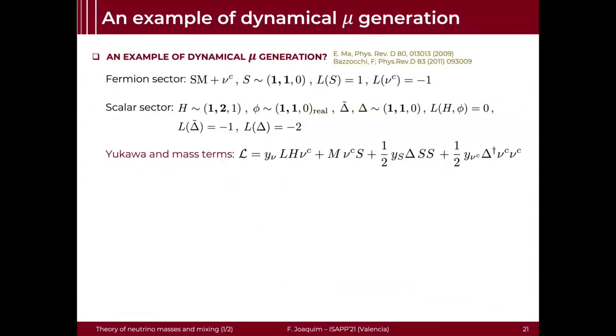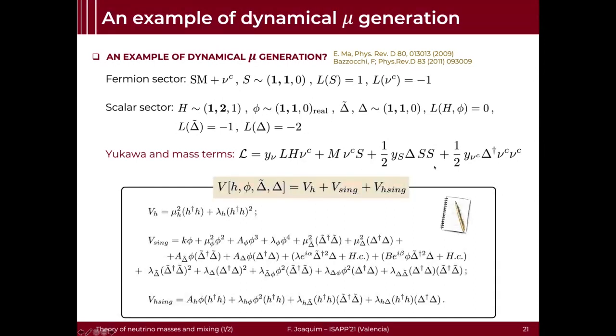Now there are some ideas. This is just one proposed by Federica some years ago. You just add some extra fields. You prevent any field which may acquire a VEV from coupling with the new singlets S. Here it's capital S, but these are the same as the small s that I introduced before.